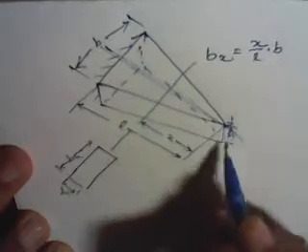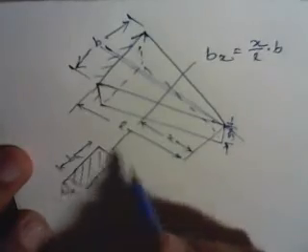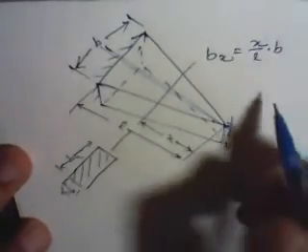If we have this type of cross section of any cantilever, this will be of uniform strength.